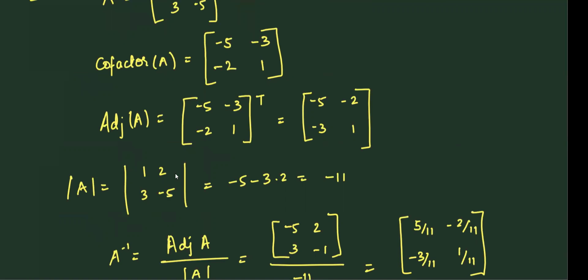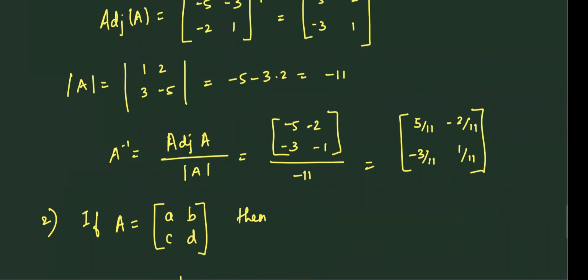Minus 5, minus 2, minus 3 and 1. Sorry, like in the formula I overlooked, sorry. This is 1. So I'll get plus, plus, plus, minus. Okay, this is right.